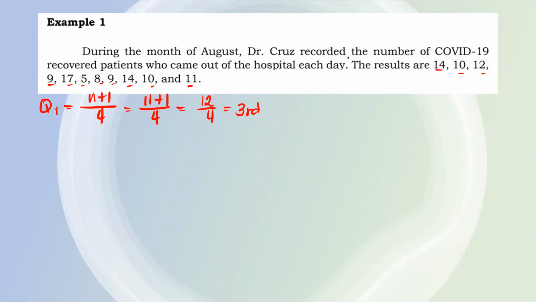So para malocate natin yan, i-arrange muna natin sila, no? We have 5. Sunod sa 5, we have 8. Then we have 9. Another 9. Then we have 10, 10. We have 11, 12, 14, 14.